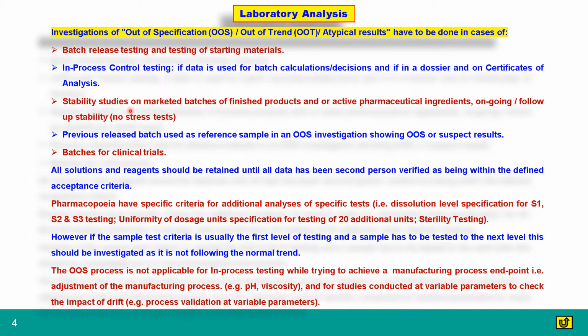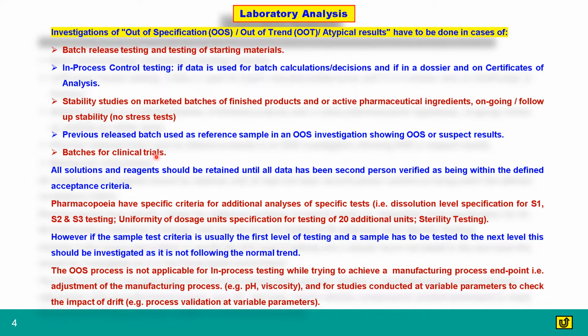Stability studies on marketed batches of finished products and/or active pharmaceutical ingredients, ongoing or follow-up stability, not stress tests. Previous release batch used as reference sample in an OOS investigation, showing OOS or suspect results.